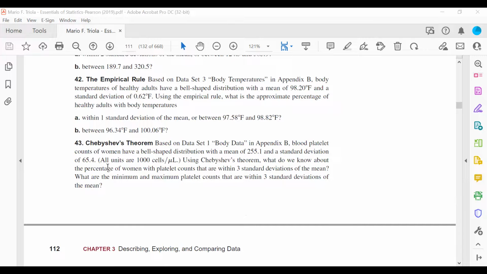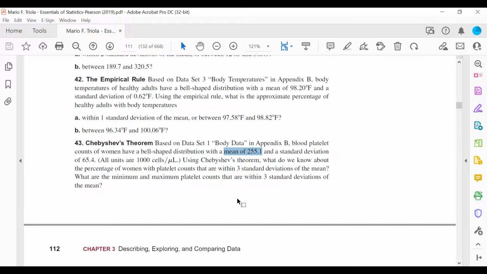based on data set 1, body data, in Appendix B, blood platelet counts of women have a bell-shaped distribution with a mean of 255.1. All right, so here they're telling us that the mean is 255.1. So I'm going to write that down. We're doing number 43 from section 3.2.